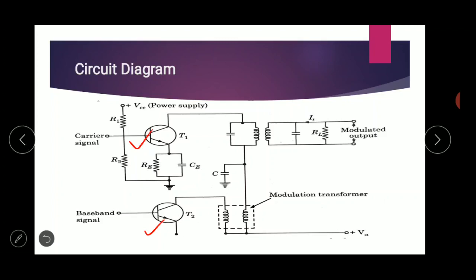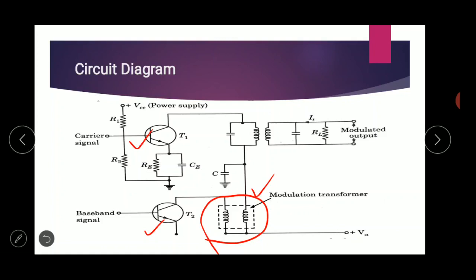At the base of T1 we give the carrier signal and at T2 the modulating signal, and for biasing purposes a voltage divider circuit is used. Here we can see that at T1 voltage divider biasing is used. The baseband modulating signal appears across the modulation transformer after amplification.